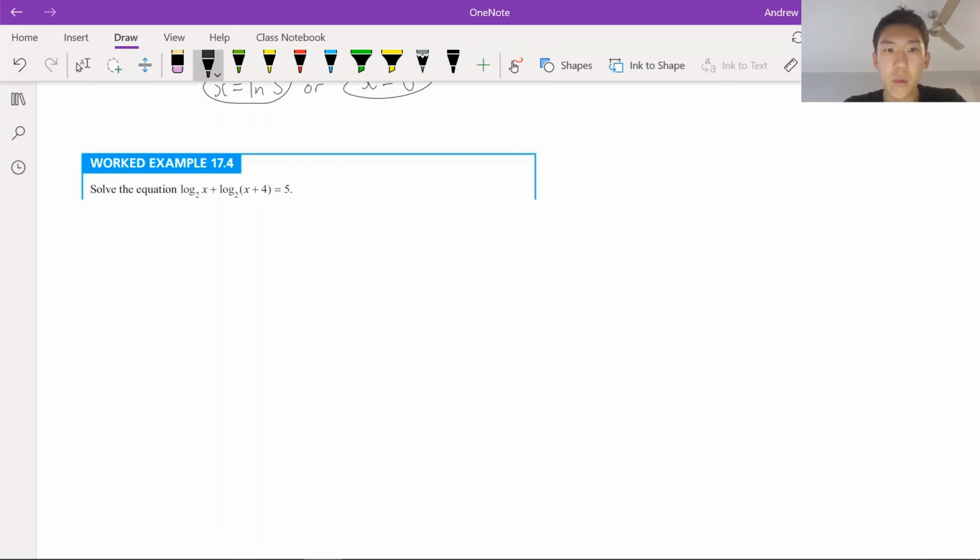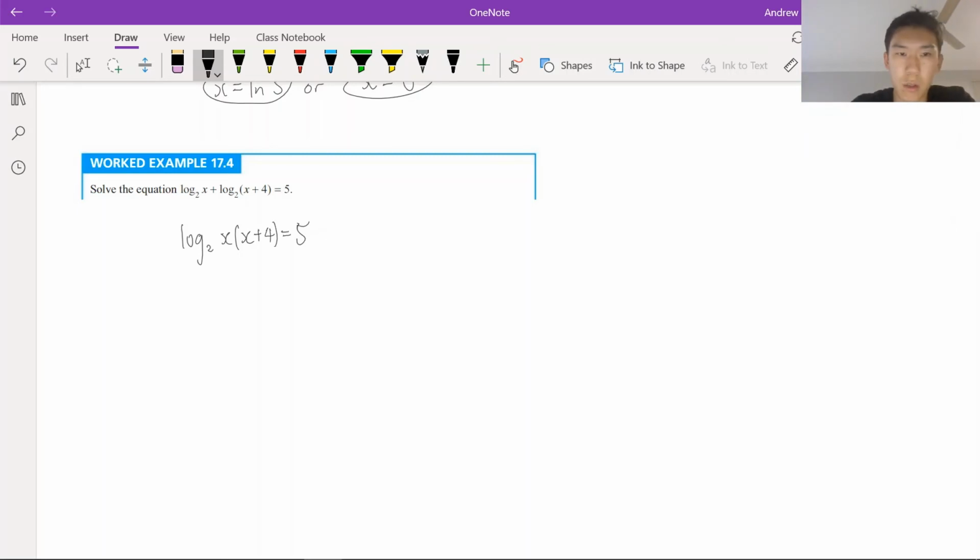Yes, we can. We can use our log laws. We have the same base, and we're adding the two terms of log, so that means this becomes log base 2 of x(x plus 4), so multiply them because of the log law, equals 5.